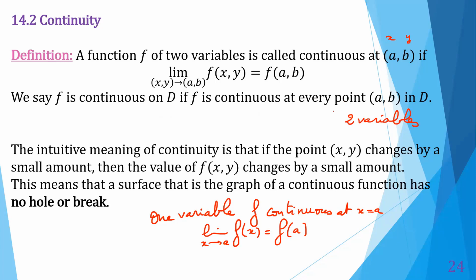The meaning of continuity is that if we have small changes on the input, we also get small changes on the output.